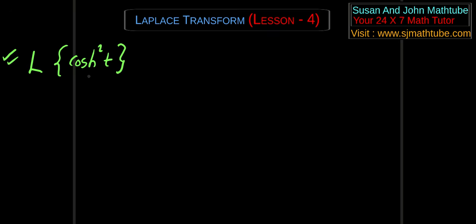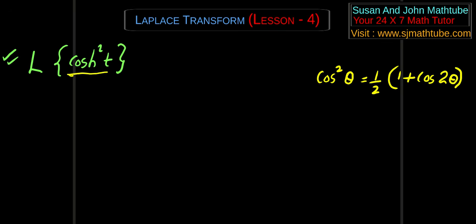Okay, so what you do is you have to remember the trigonometric formula for cos square theta. I think we used it in the last video. Yeah, this is 1 by 2 into 1 plus cos of double the angle. But they did not ask for trigonometric cos square.